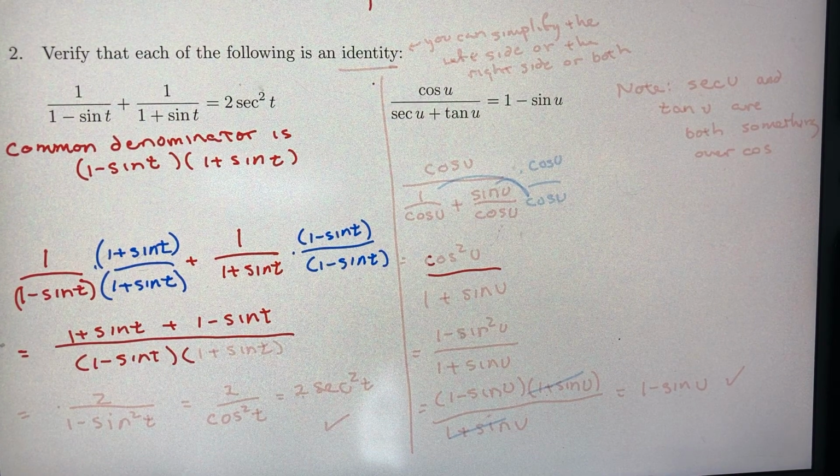So put the tops together. Now we've got a common denominator, we just stick things together into a single fraction. And then we have 2 on the top, and 1 minus sine squared, because we can refactor it. Multiply it out. And 1 minus sine squared is cosine squared. And 1 over cosine squared is secant squared.